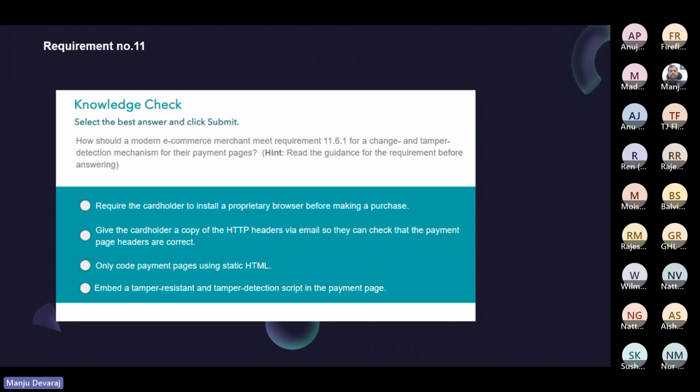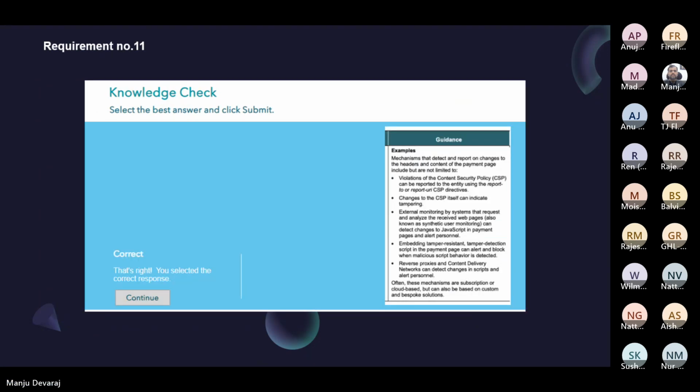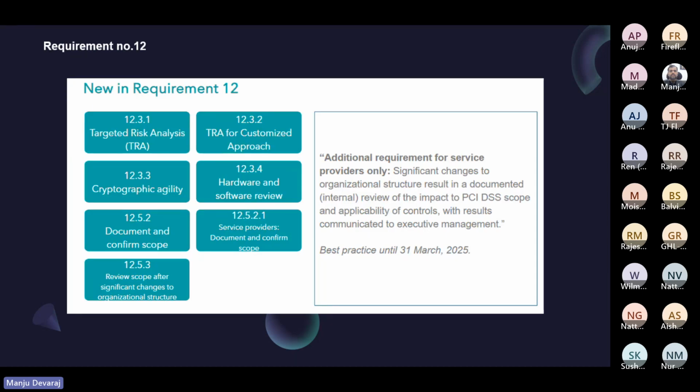Now one is gone, two is gone, three is gone, four is the answer. They are also giving guidance. The SSC has given some guidance around using CSP monitoring and reverse proxies and all. But the code obfuscator is not listed here.